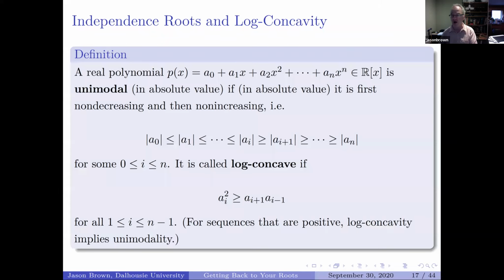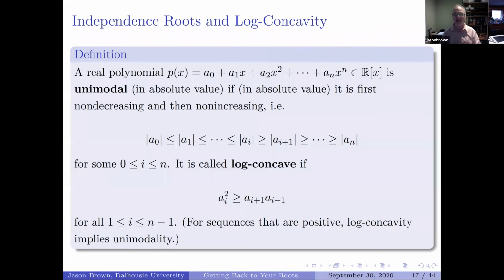It's called log-concave if the square of any term is bigger than or equal to the product of the two surrounding terms. For sequences that are positive, it's not too hard to see that log-concavity implies unimodality. Why would you be interested in log-concavity? It seems like a much more involved definition, a harder definition maybe to apply or to prove.